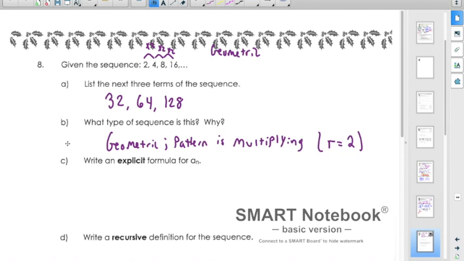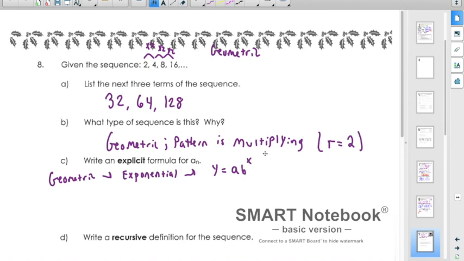Part C, write an explicit formula for a sub n. Well, again, guys, recall that geometric sequences mimic exponential functions. They look just like exponential functions, and we should know that an exponential function looks like y equals a b to the x.